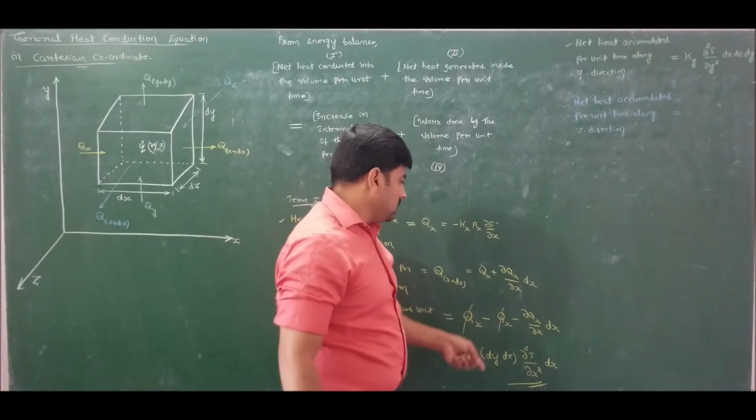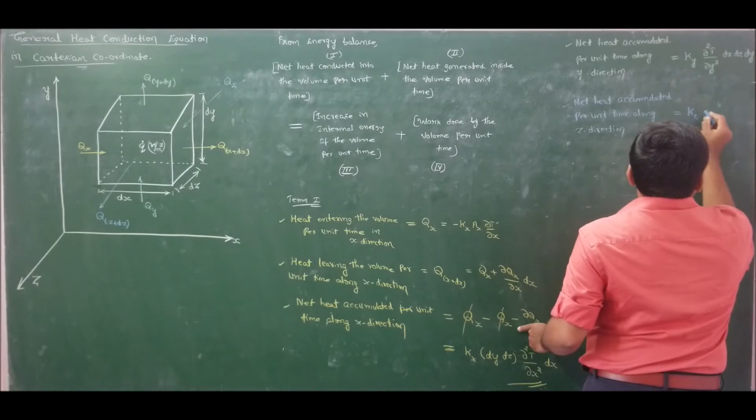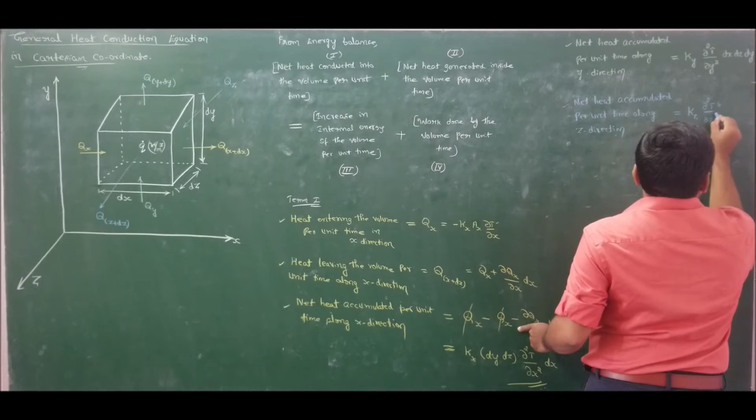So therefore qz will get cancelled, minus of minus will become plus, and it will become thermal conductivity along z direction, ∂²T/∂z².